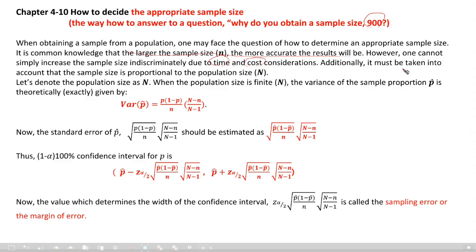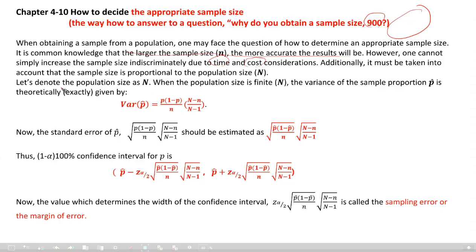Additionally, it must be taken into account that the sample size is related to the population size, capital N. If the population is big, then the sample size may be bigger.